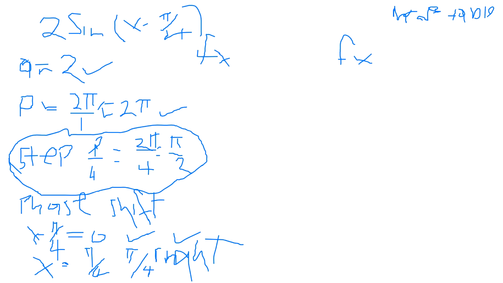What you do is that you put this function, excluding the phase shift, only this side, which will be f of x is going to be 2 sine x.